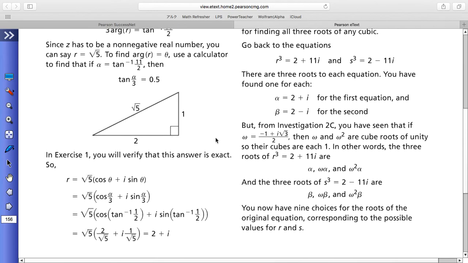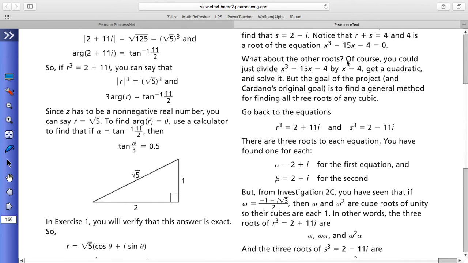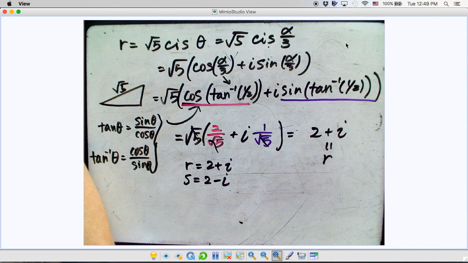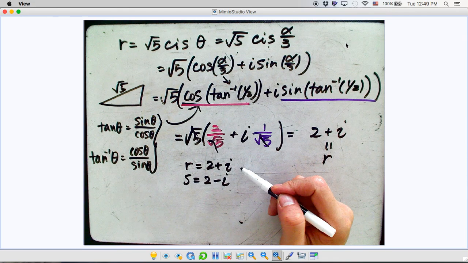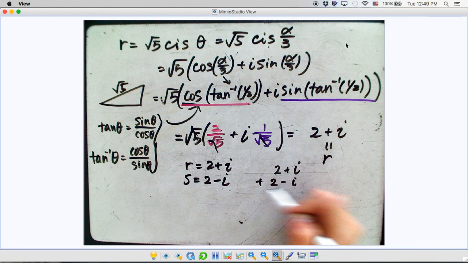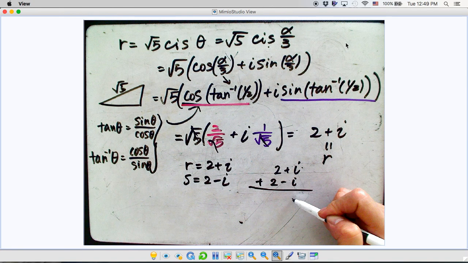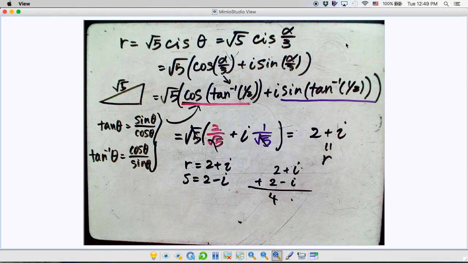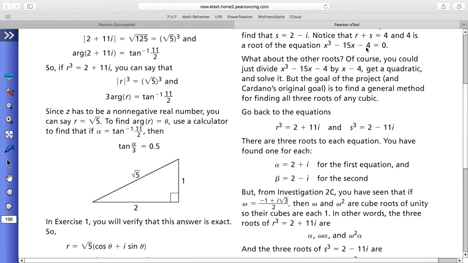As it says over here, what about the other roots? We just found out that r is 2 plus i and s is 2 minus i. If you add these two, 2 plus i plus 2 minus i, we'll have i plus negative i, which is 0, and 2 plus 2 is 4. So r plus s is 4.